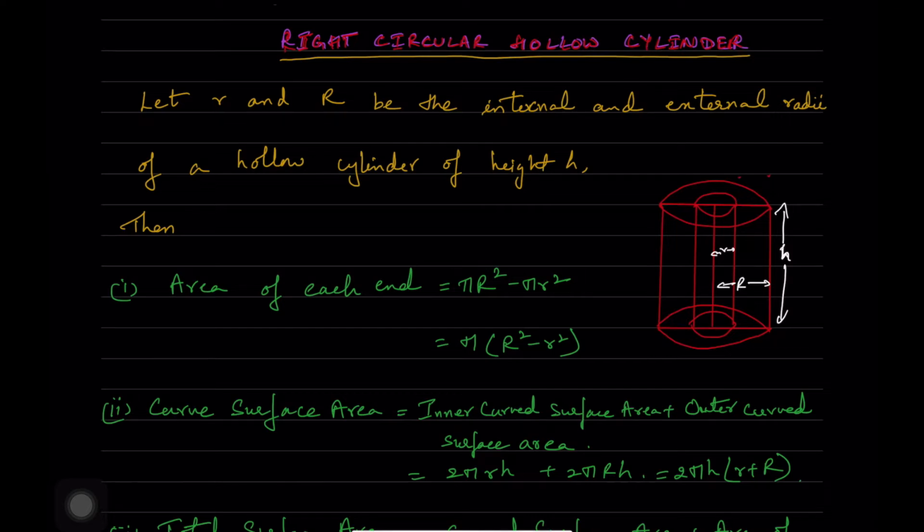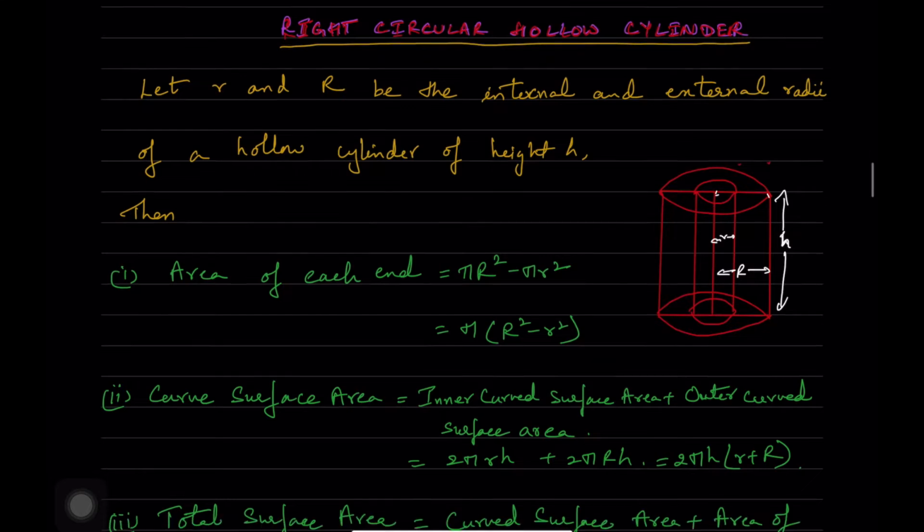This capital R is the bigger radius, from this end to this end. The smaller radius is here, you can see from the figure also. So pi into capital R square minus small r square will give you the area of each end.